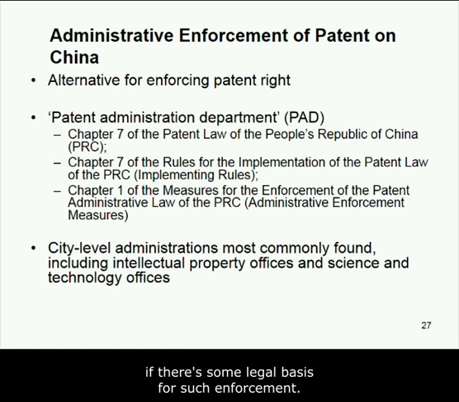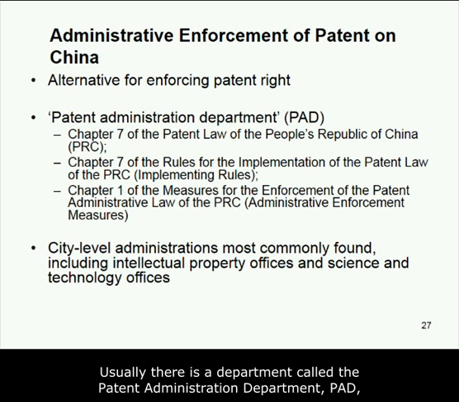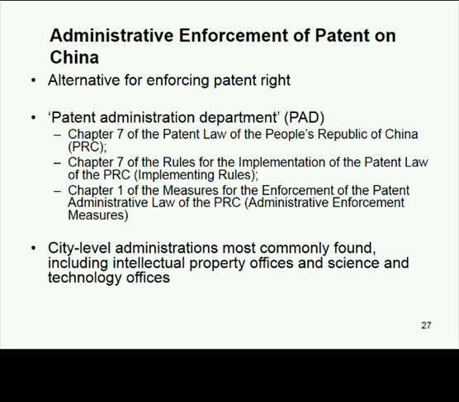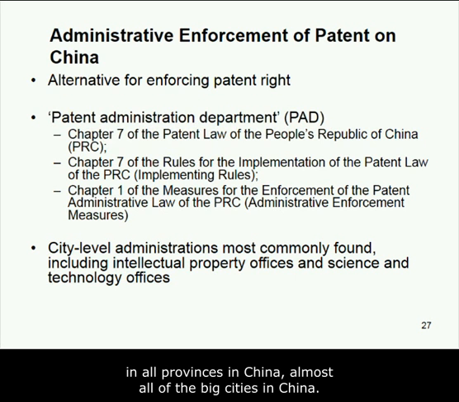There's some legal basis for such enforcement. Usually, there is a department called Patent Administration Department, PAD, in all provinces in China, almost all big cities in China.